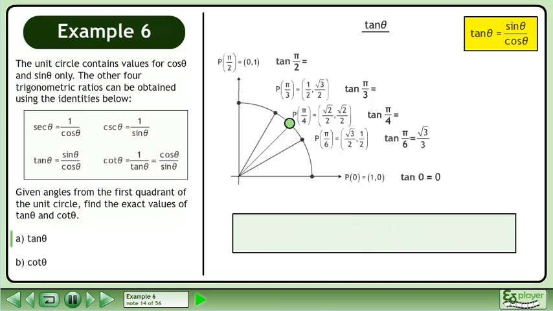Now we'll find the exact value of tan pi over 4. Tan pi over 4 is equal to the sine of pi over 4 over the cosine of pi over 4. The sine of pi over 4 is equal to the square root of 2 over 2, and the cosine of pi over 4 is equal to the square root of 2 over 2.